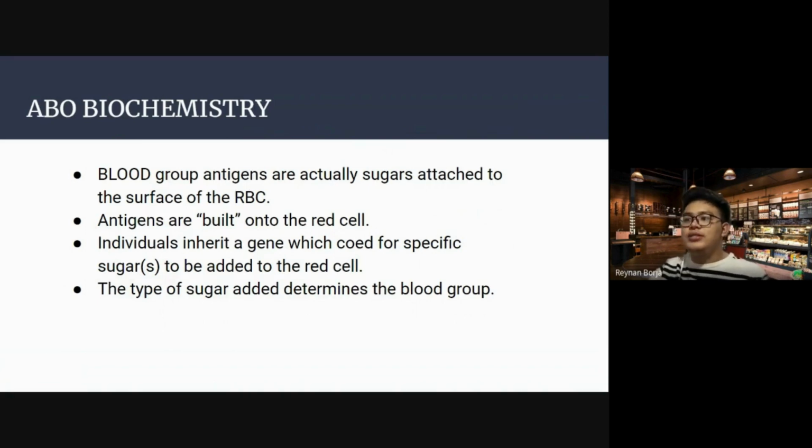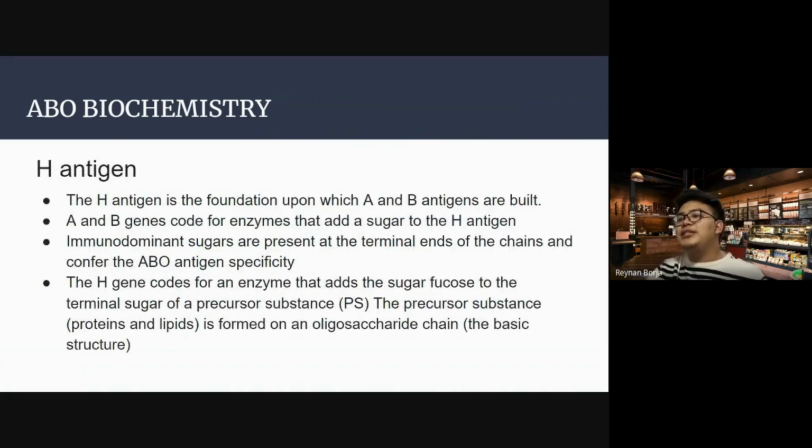In the next kong slide. Okay. Pag sinabi nating H antigen, simulan natin sa H antigen. The H antigen is the foundation upon which your A and B antigens are built. Ibig sabihin, lahat ng blood group has H antigen or H allele kung nabasa niyo sa ibang book. Okay?